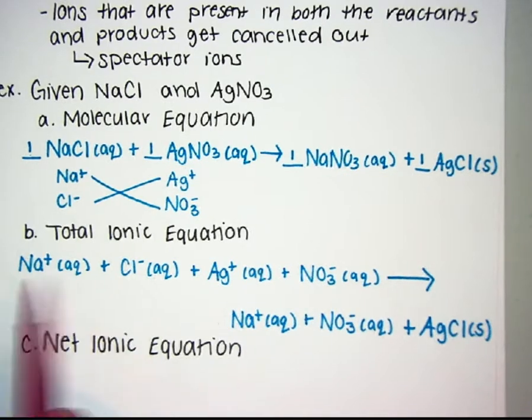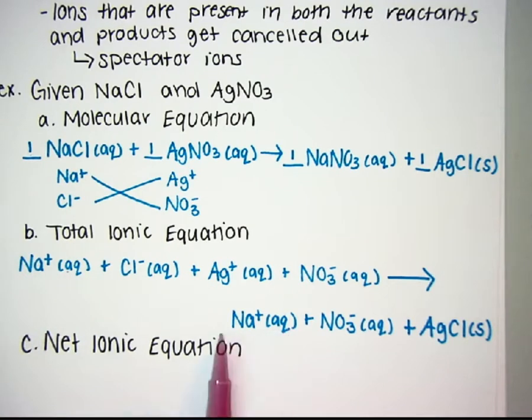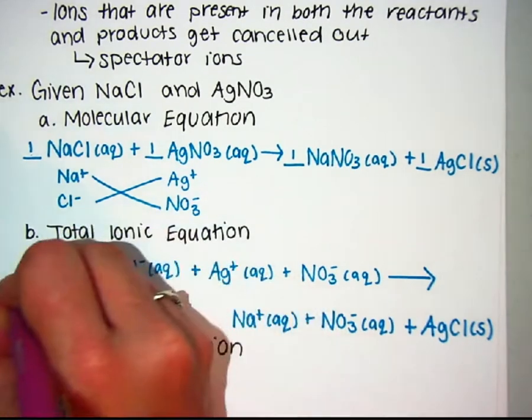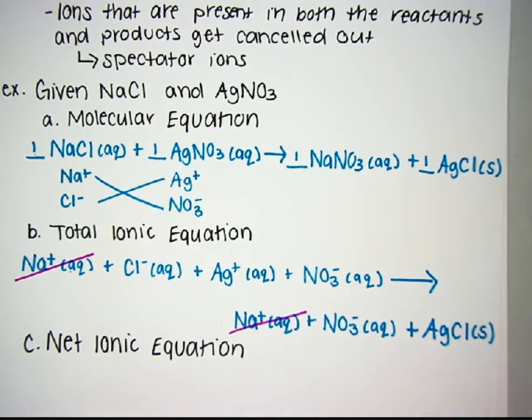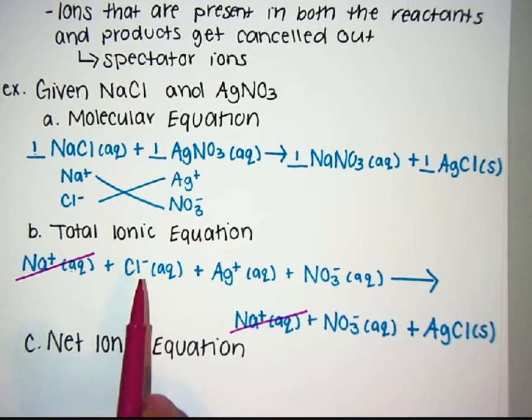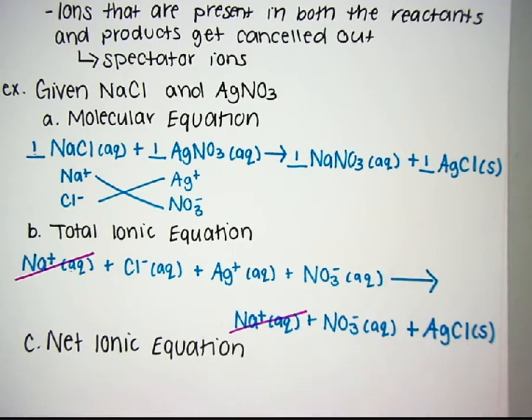So notice that I have a sodium ion on the reactant side and I have sodium ions on the product side. If you have an ion that's on both sides, it can get canceled out. You would not be able to cancel out chloride. It is an ion on the reactant side, but it's part of an ionic compound on the product side. So you cannot cancel it out.